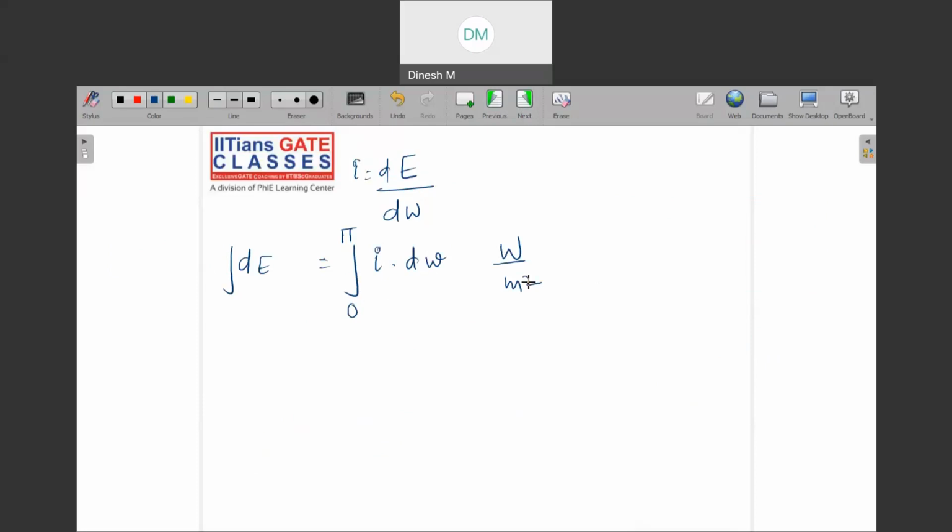Okay, so for black body, what happens again is that a black body is a diffuse surface. For any diffuse surface, not even only black body, I is independent of direction, we have seen, right?